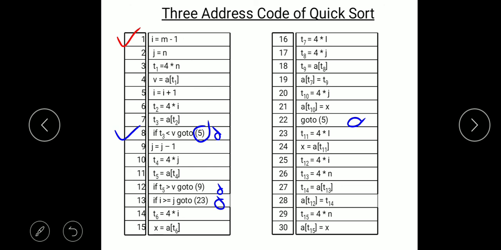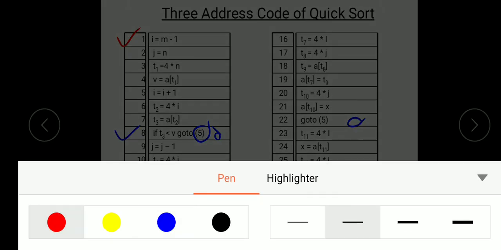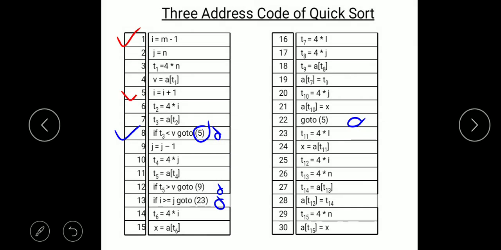I have marked it. The fifth statement would be a leader statement by rule number 2. Again, the target of a conditional or unconditional go to would be a leader statement. Using rule number 2, we have identified statement number 5 is a leader statement.